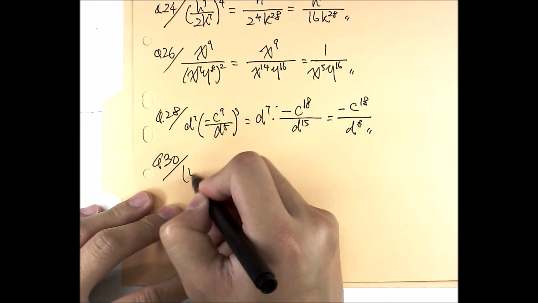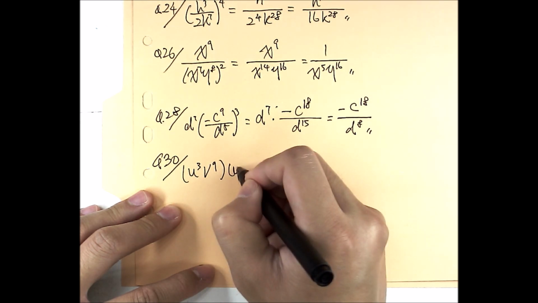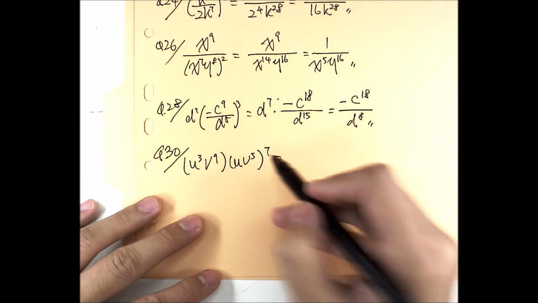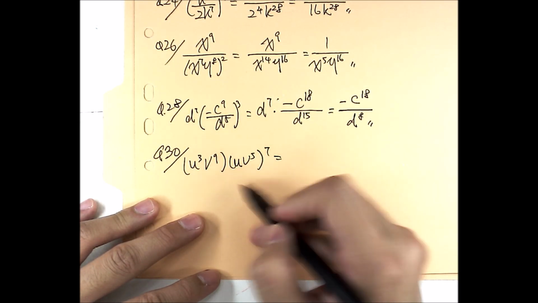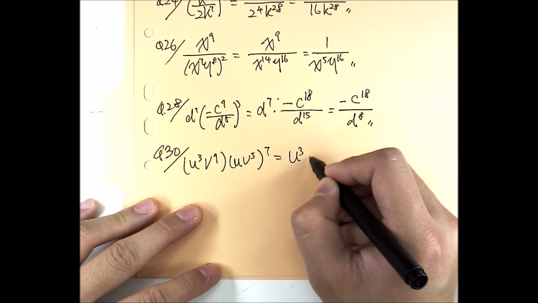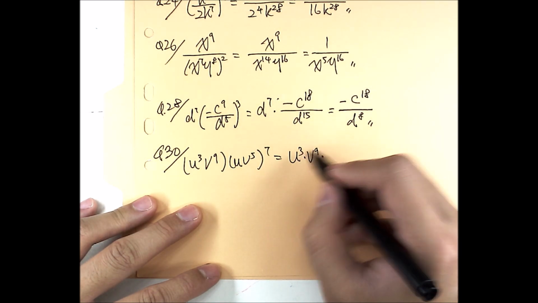30, u to the power 3, v to the power 9, and then u, v, 7 here. We do this block first, I mean the power to the 7 first. So actually you can remove all this bracket, okay?